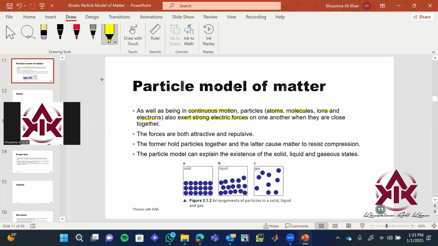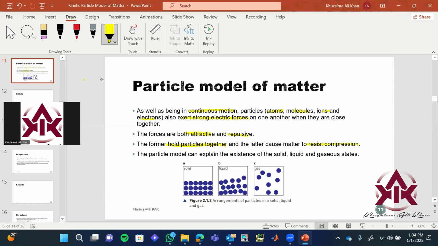Obviously, they are in a fixed shape, so there might be some forces keeping the structure together, whether it is liquid, solid, or gas. These forces can be both attractive or repulsive, right? The attractive force holds the particles together so that they cannot escape from the structure, and the repulsive force resists compression, right?